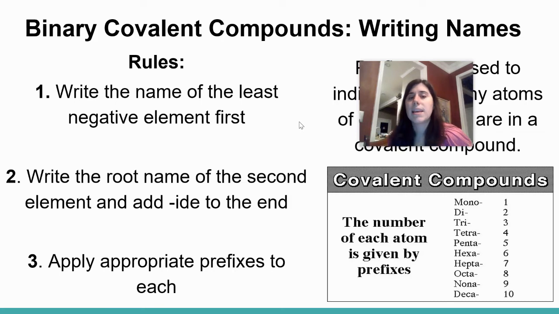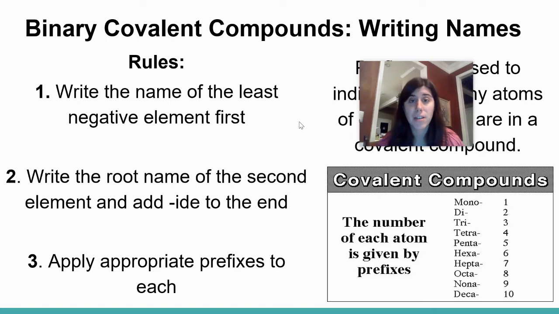So let's use the example of H2O. H we know is hydrogen. That's my step 1. Step 2 is oxygen, but I have to use the root name, ox-, and then we use -ide: oxide. So I can't just name it hydrogen oxide. That's not fully correct. I now have to add my prefixes. Since in H2O the 2 represents hydrogen, I'm going to put the prefix di in front of hydrogen.